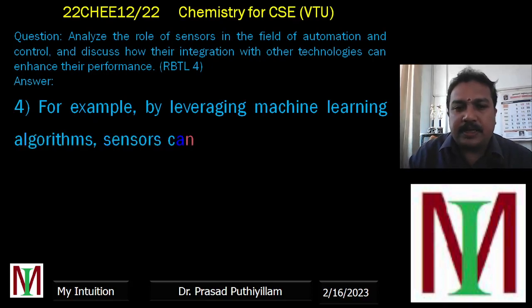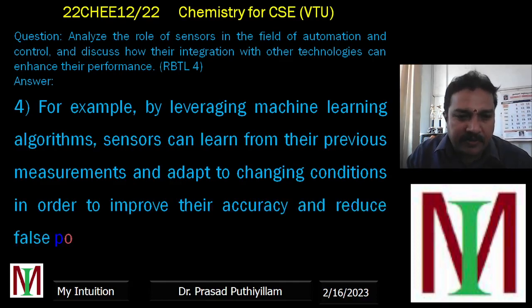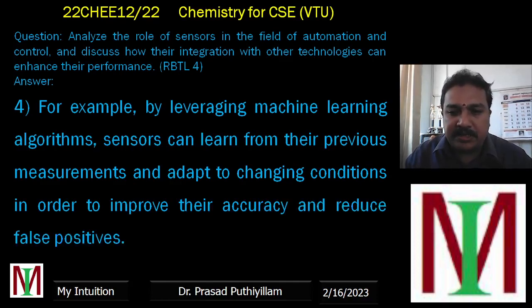For example, by leveraging machine learning algorithms, sensors can learn from their previous measurements and adapt to the changing conditions in order to improve their accuracy and reduce the false positives.